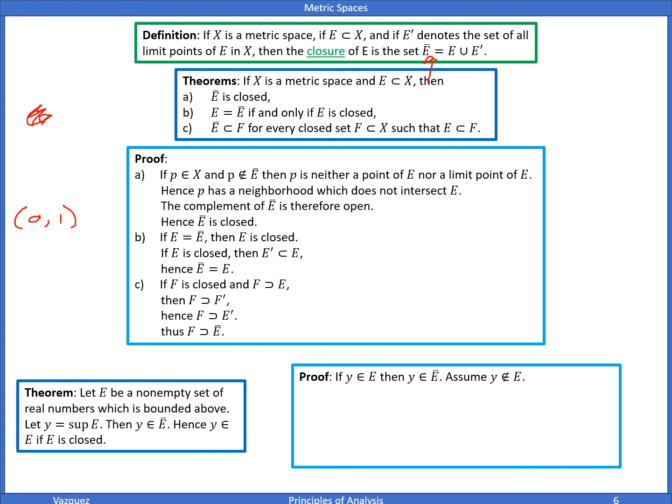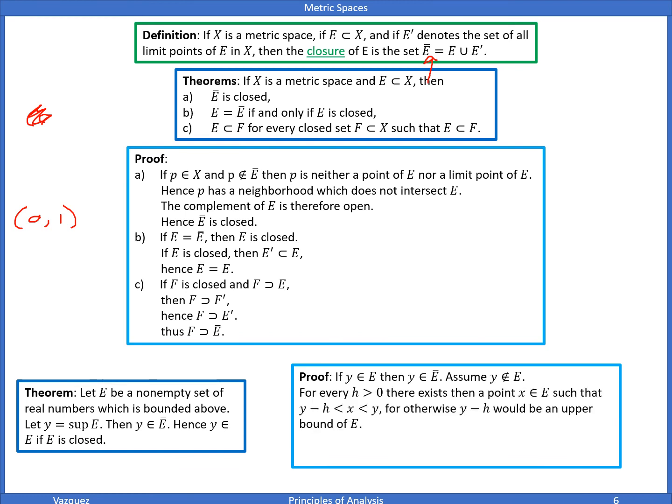So if Y is in E, well then Y is definitely in the closure. So assume Y is not in E. Then for every h greater than 0, there exists a point X in E such that this inequality holds. And why does it hold?